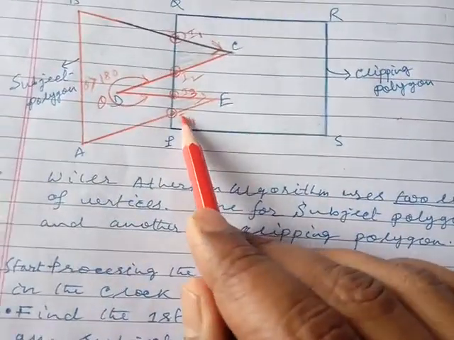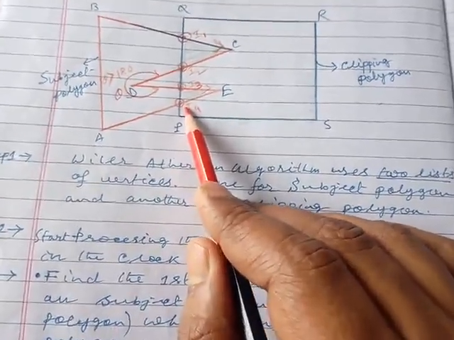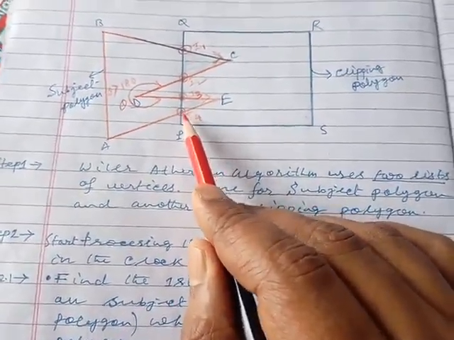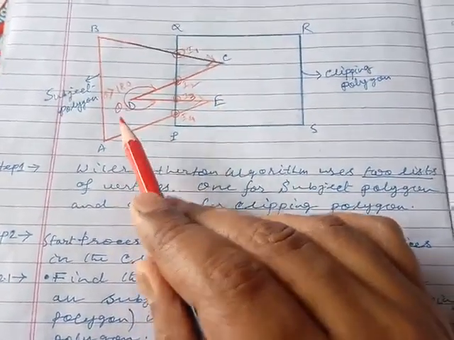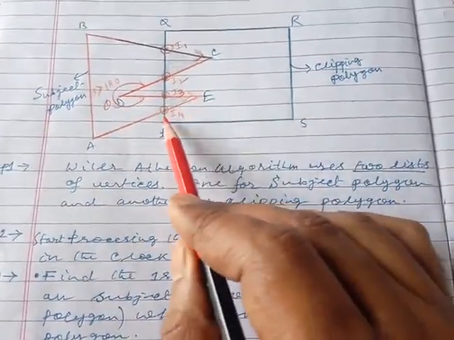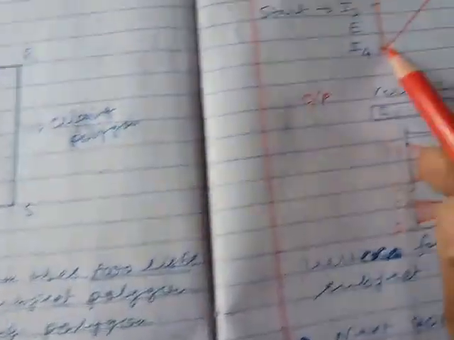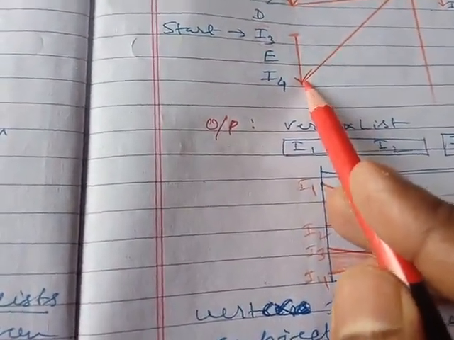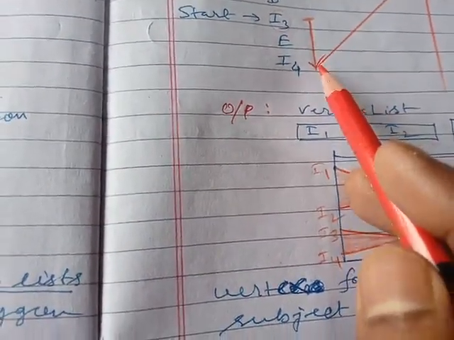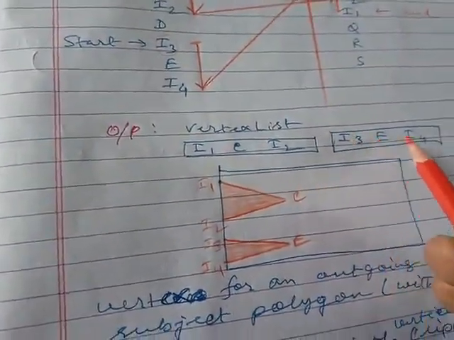So here we get I4 as the intersecting point for the outgoing edge EA of the subject polygon. Therefore, we will stop the procedure at I4. So I3, E and I4 will be traced, and these vertices will also be stored.